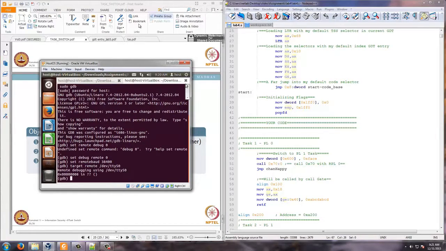So we are inside this, and now we can load lab4.out.